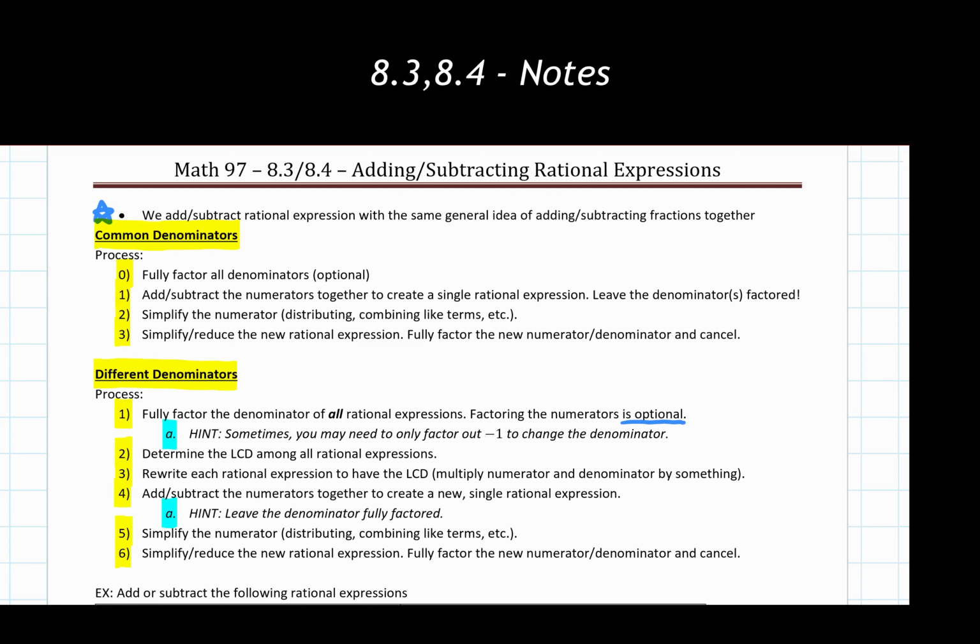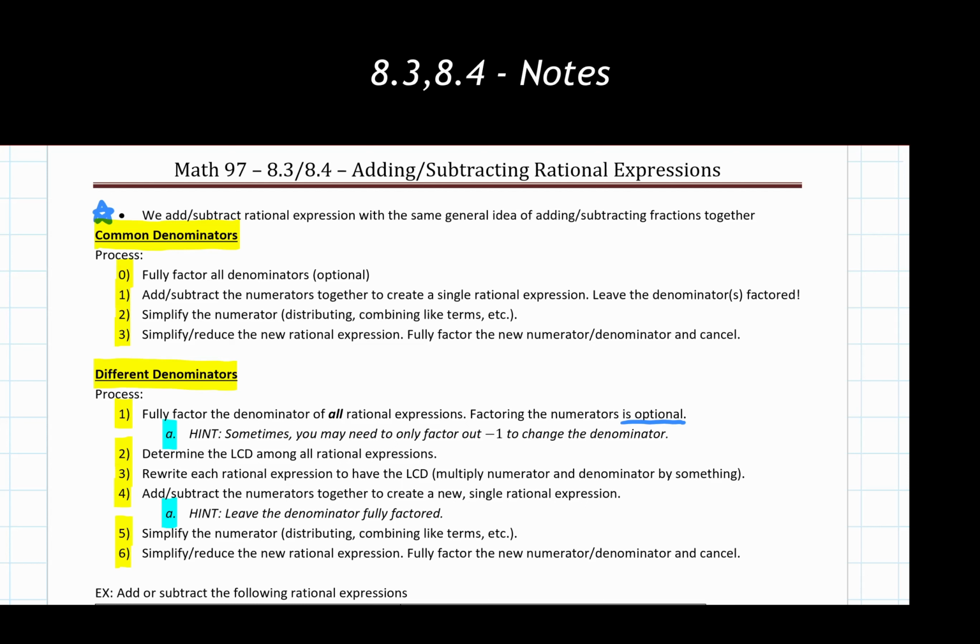When we are doing this, this means we are going to need to multiply the numerator and the denominator of each rational expression by something. That will vary based on the problem, based on what's been given to you, and based on what the lowest common denominator is. We'll see plenty of examples of this showing up here with some examples.